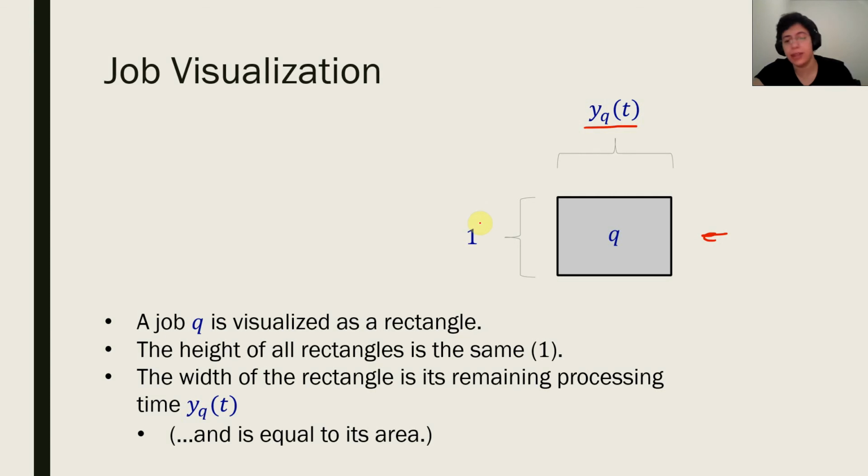You can imagine that as a job becomes processed, it shrinks in width until it disappears. Notice that the area of the job is also its remaining processing time, and this will be important later.